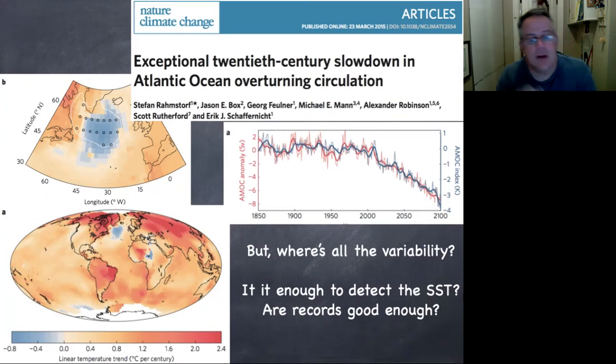There are some paleoclimate proxies and indirect proxies, like this paper from Stefan Rahmstorf, where they use a paleoclimate proxy method to infer that this cold hole, sometimes called the warming hole, this part of the North Atlantic, does not heat as rapidly as the rest of the North Atlantic under global warming.